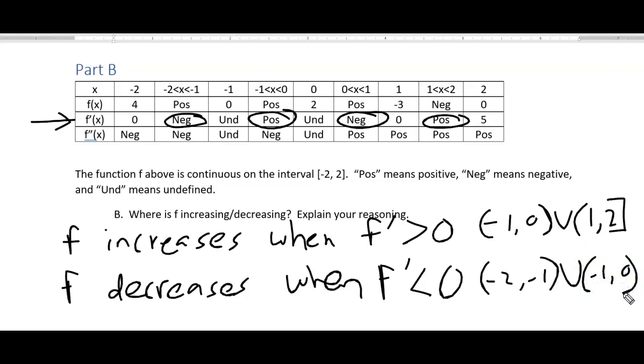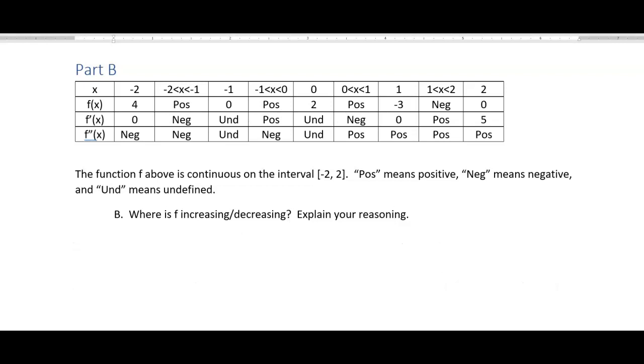Now in your guys' portion of this exam, it asks you where is the function concave up and decreasing, or something like that, right? So if I were to randomly pick this interval here from -1 to 0, on this interval, since the first derivative is positive, the function's increasing.